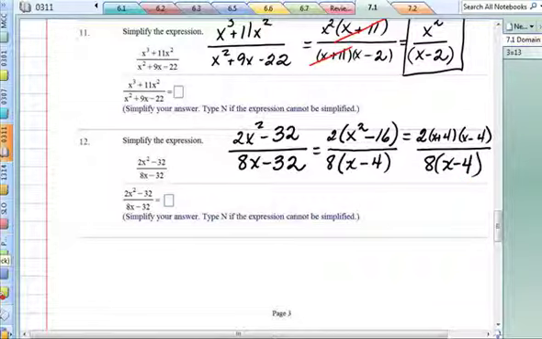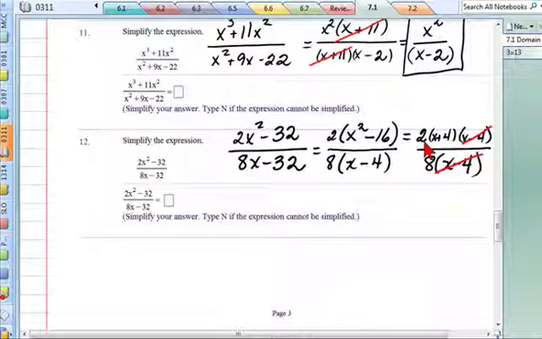Do you see any common factors? Yeah. What do you see? Okay, x minus 4 is a common binomial factor. Okay, what about with the 2 and the 8? Those are monomial factors. They are common factors out in front.